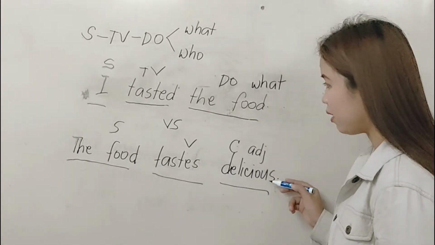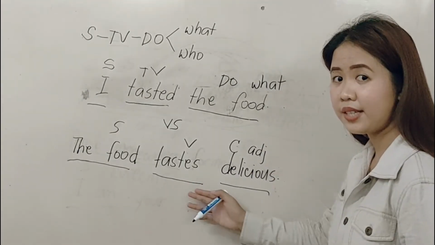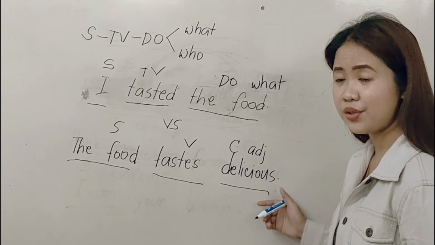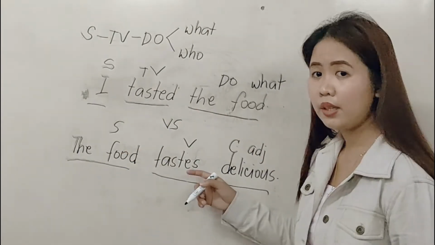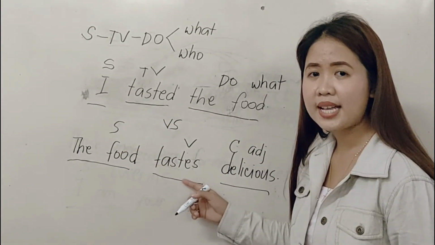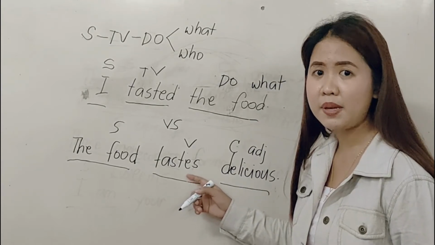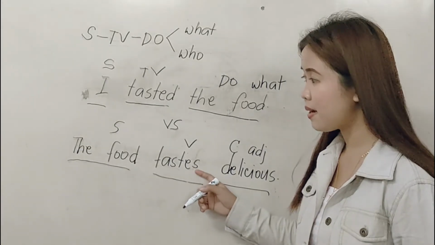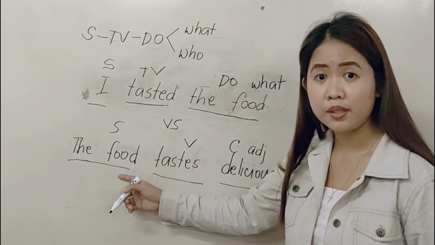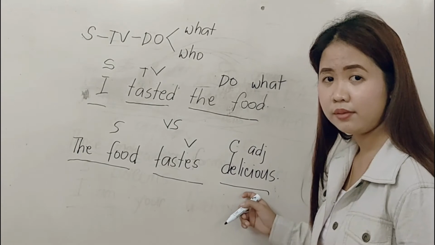What can you say about the food? It tastes delicious. What is delicious? The food. The word tastes functions as a linking verb because it shows a state of being. It describes that the food is delicious.